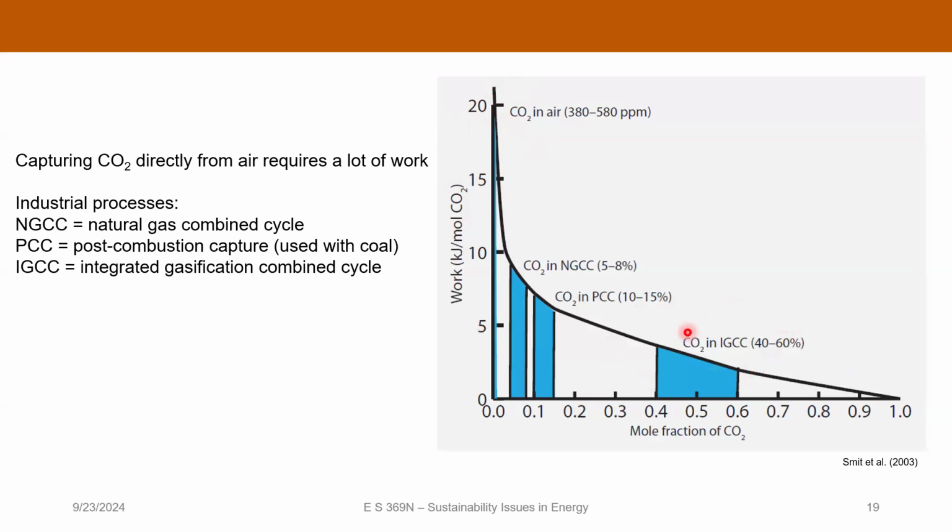But as you can see, it's a lot easier to capture the CO2 right from the point of generation. And so I think there's arguments to be made that maybe that's something we should be doing a lot more of as well. Okay, so that's the baseline for thermodynamics of how we capture the CO2.